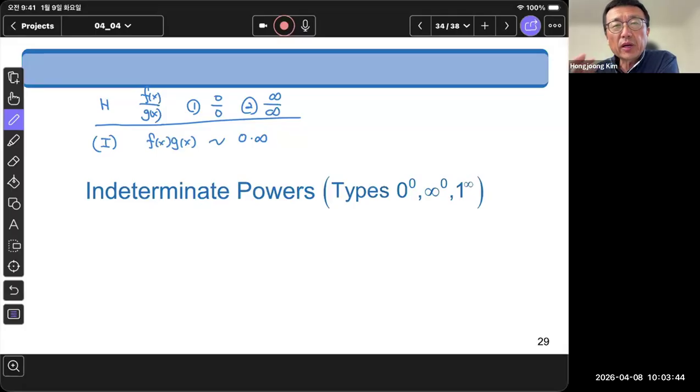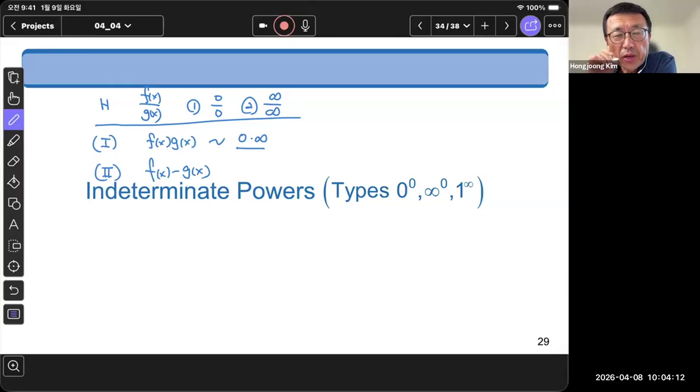You need to convert the expression somehow to f of x over g of x type. Then one of these two, f or g, will go to the denominator using its reciprocal. Second variant was f of x minus g of x type.